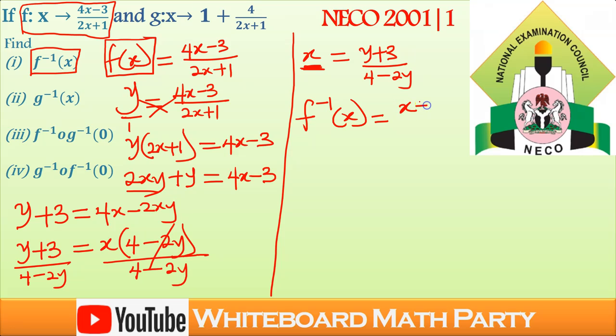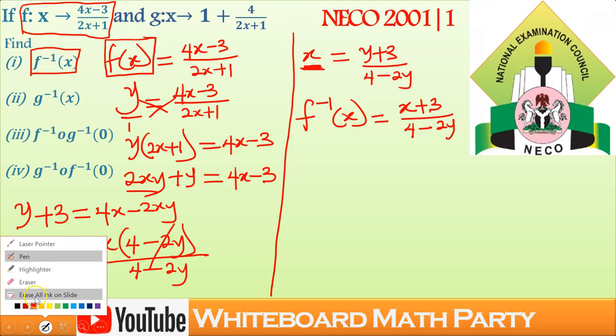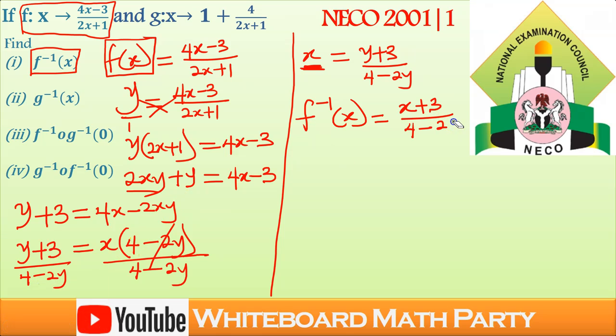So it's going to become (x + 3)/(4 - 2x). Sorry, 4 minus 2x, not 4 minus 2y. Give me a moment. 4 minus 2x. Yes, written as this exactly. So this is the answer to the first question, which is to find the f inverse of x. I hope this is clear.